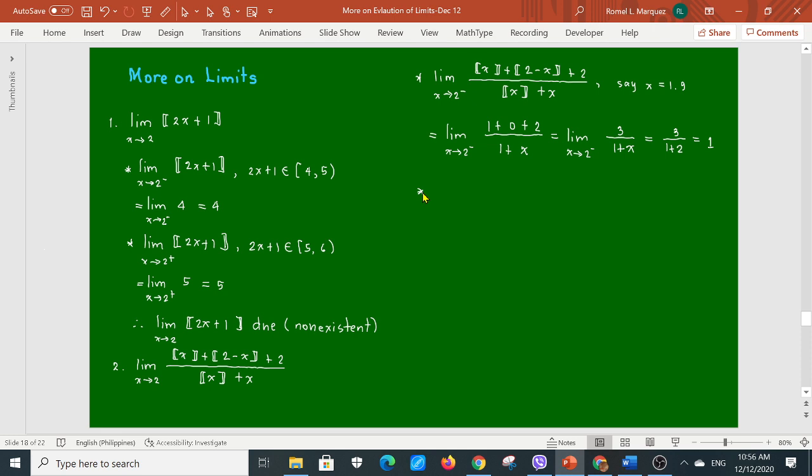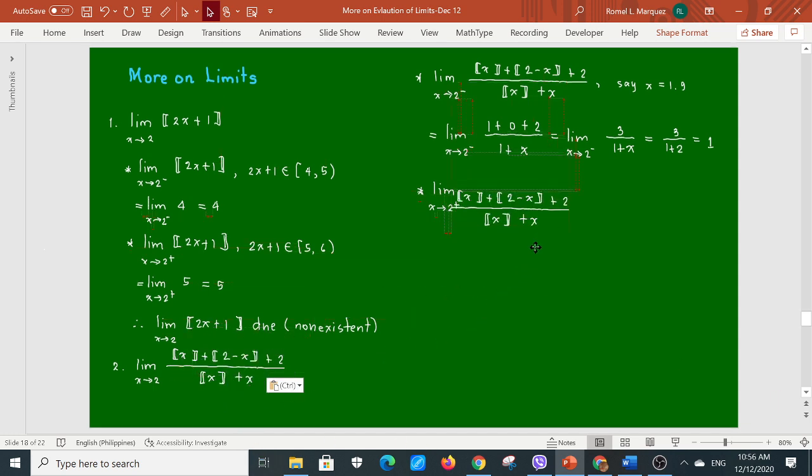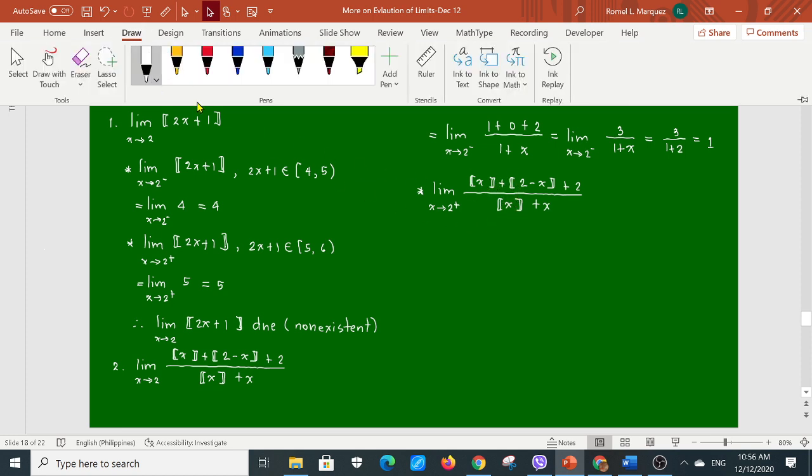What about from the right? So the limit as x approaches 2, but this time from the right. This is the quotient. Then let's simplify the greatest integer terms.